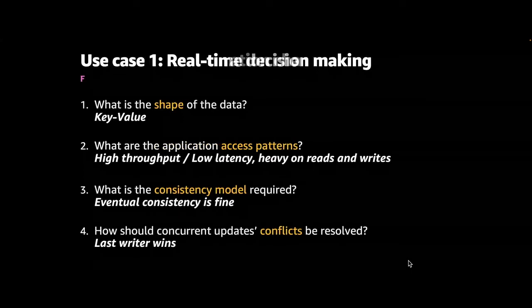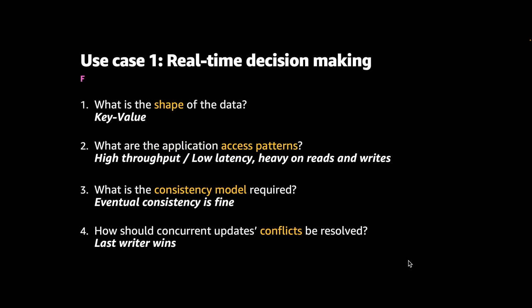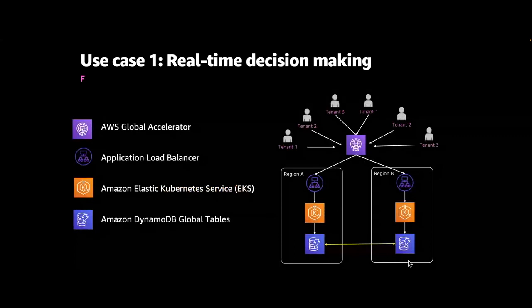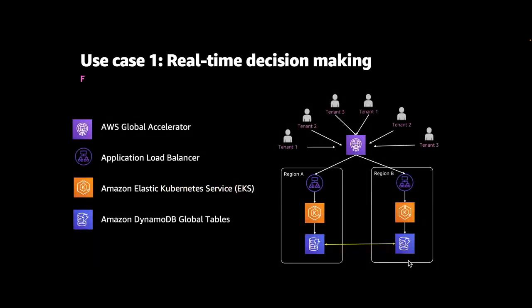So let's work with use case number one, where the shape of the data is key-value and the access pattern is high throughput, low latency, and heavy on reads and writes. And the consistency model is eventual consistency, and the conflict resolution is last writer wins. Considering all these pieces, the solution that we should provide to your customer is leveraging AWS Global Accelerator to redirect traffic across the regions using an Application Load Balancer.